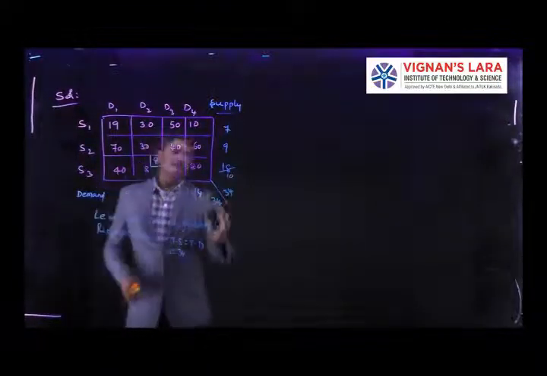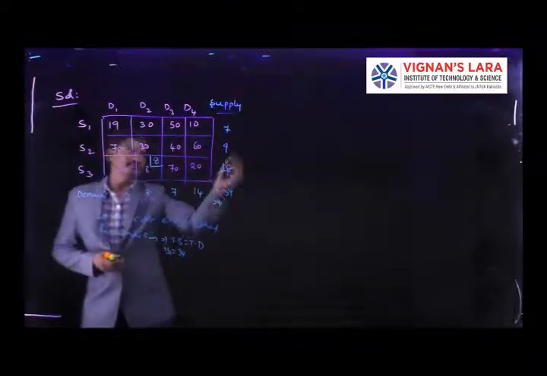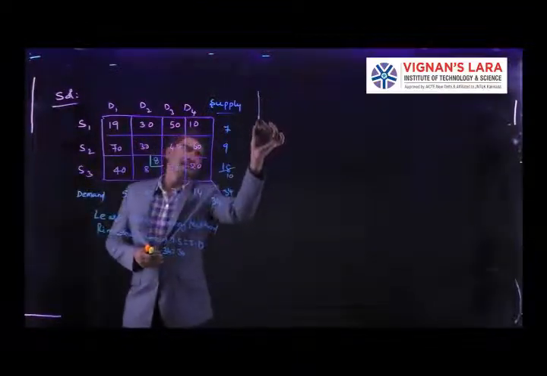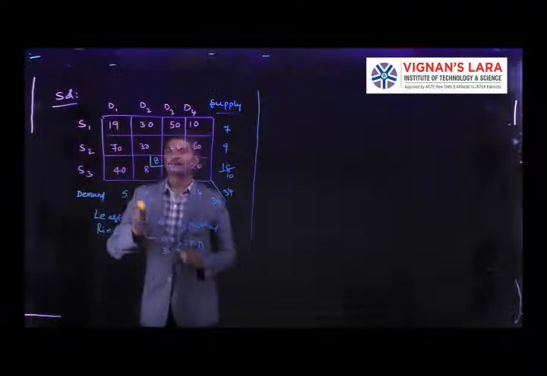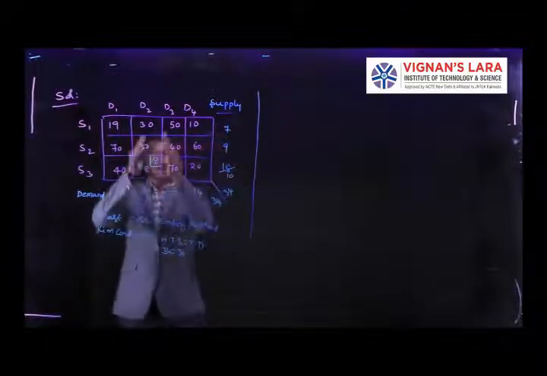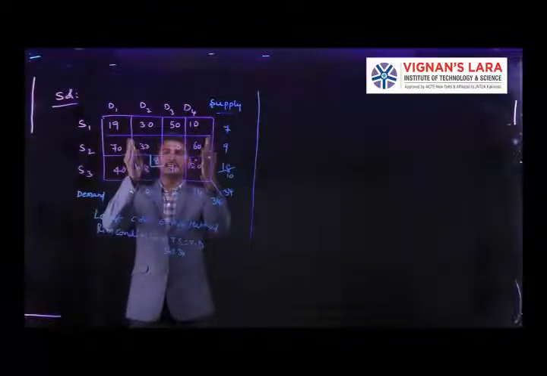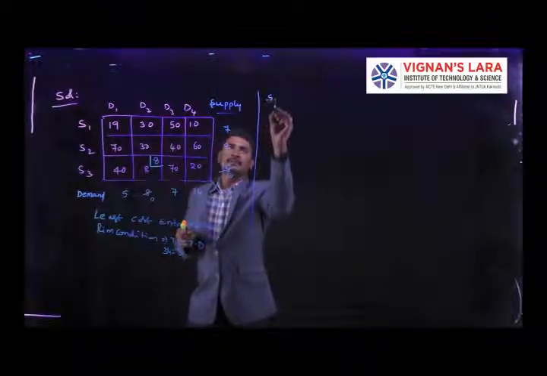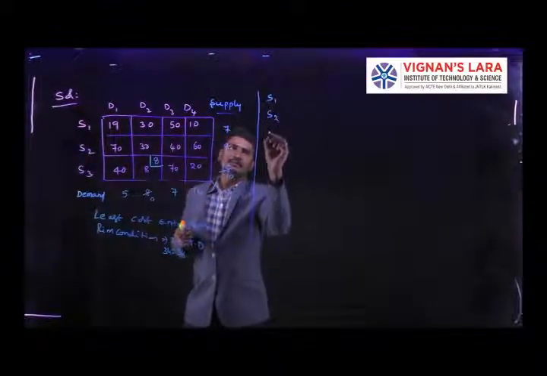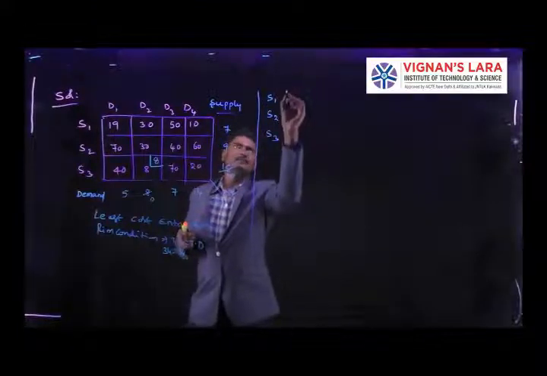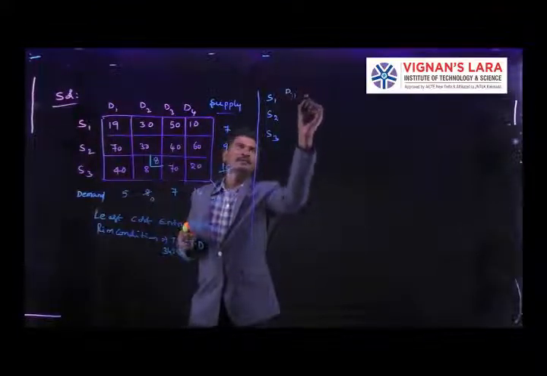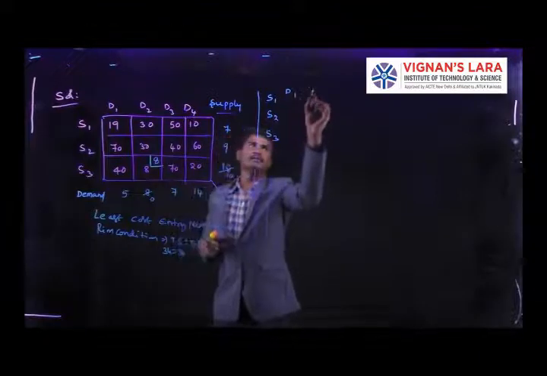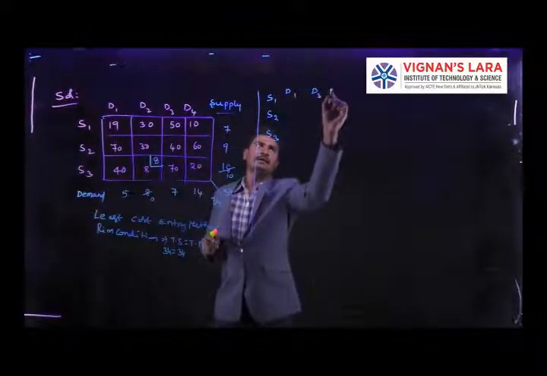Next, coming to the second table. Here one demand is already over, so we have only 3 demands and 3 supply stations: S1, S2, S3. D2 is over, so we take D3 and D4.